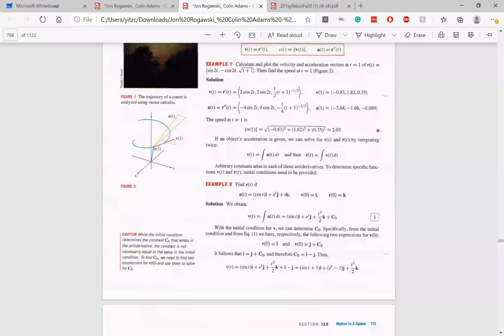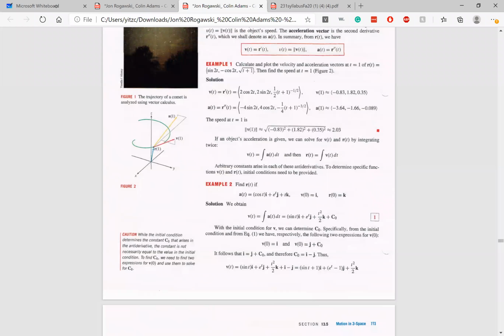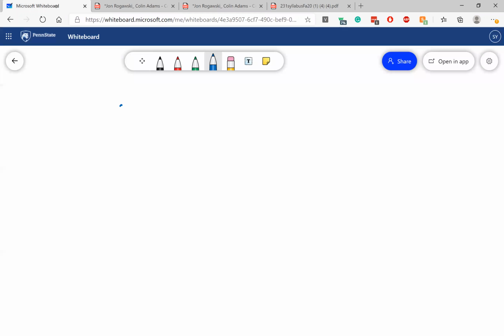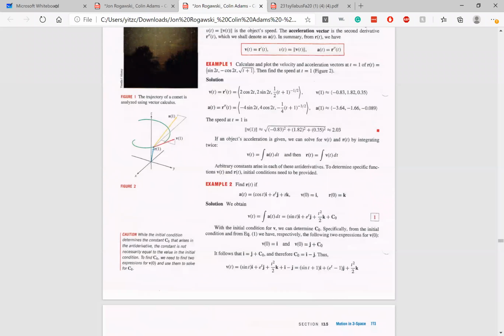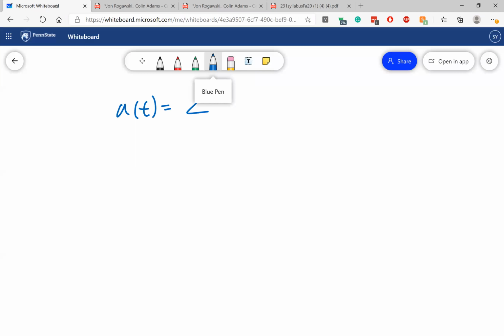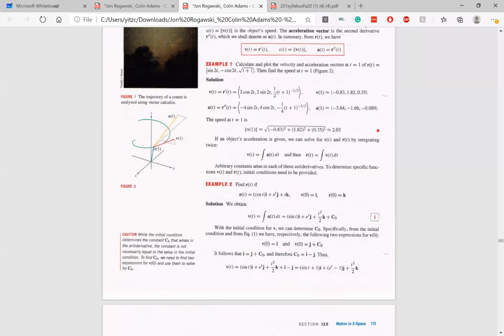So let's look at an example. They want us to find r of t if the acceleration is this, and this is one condition, and this is another condition. So let's see what happens. So our acceleration, a of t, is going to be equal to cosine of t, e to the t, and t.